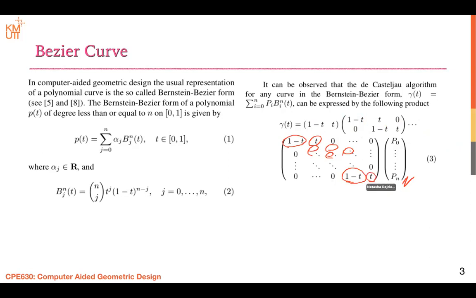So this will be from 0 to n. No, I think it's not. I think this one is 1 minus t and this one is n, so 0 to n and this one is 0 to n minus 1.